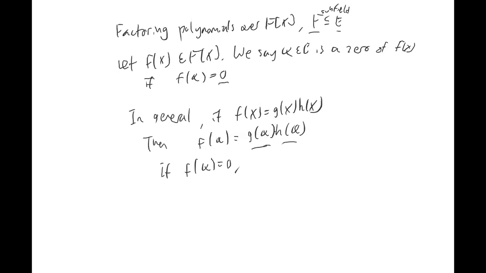They belong to a field, and a field is in particular an integral domain. So if a product of two elements in an integral domain is zero, one of them has to be zero. So we sort of reduce the problem to factors.